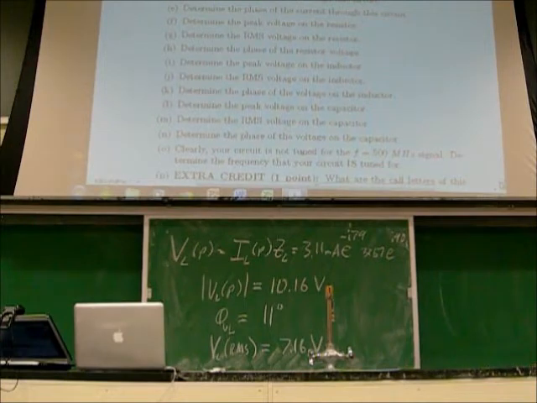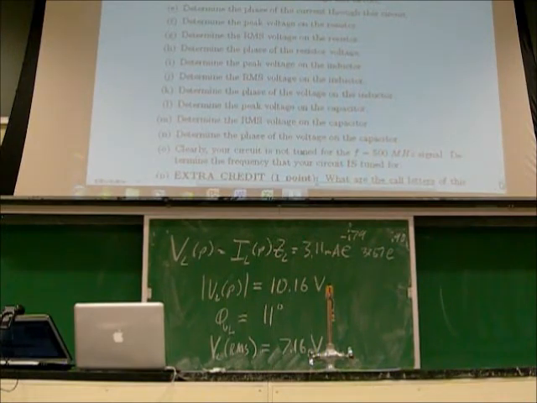What's the resistor? The resistor will always be bounded by 10. And the reason is, tell me this, which is bigger, omega L or Z total? In this circuit, which is bigger?